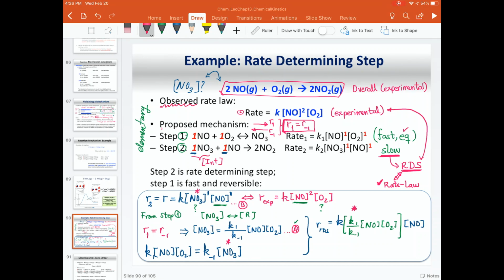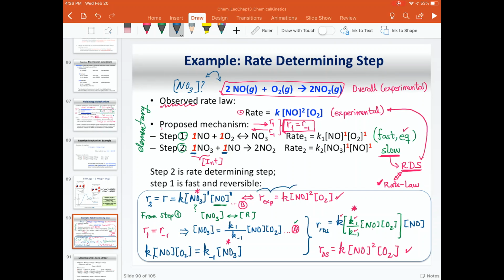Now you look at this one is a constant, this one is a constant, this one is a constant. So altogether multiplied is going to be a constant. So now the rate of the determining step is going to be equal to a constant times NO squared times O2. Now look at the expression that I just wrote with respect to the one that you got experimentally. It's exactly the same.